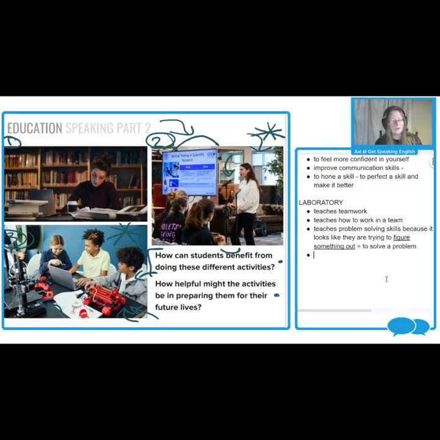So if you hone a skill, it means that you are improving that skill. We can't really use that word in place of the word improve, I mean, sometimes to hone a skill, to improve a skill, here it would work.